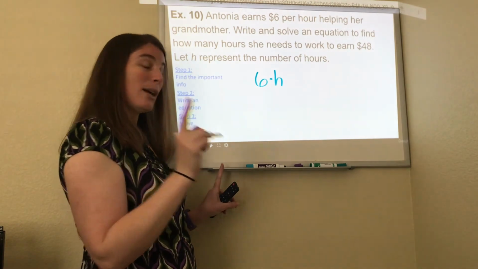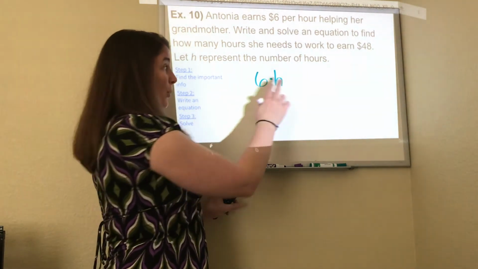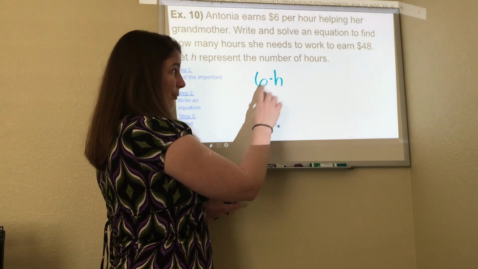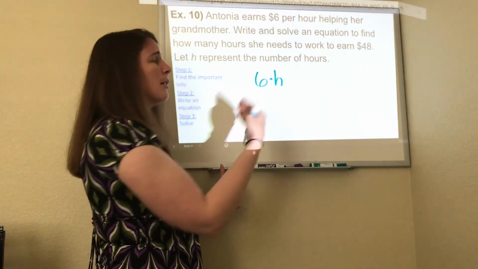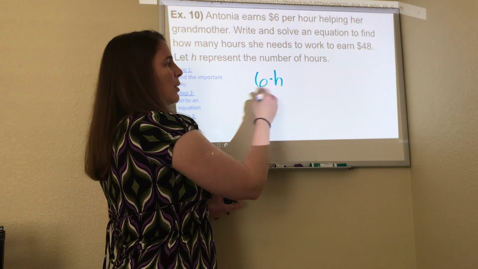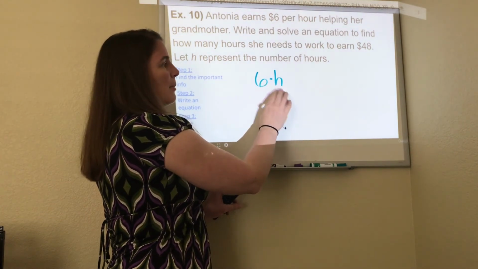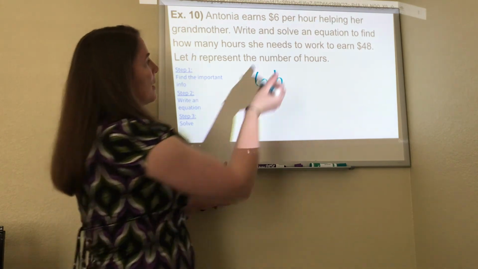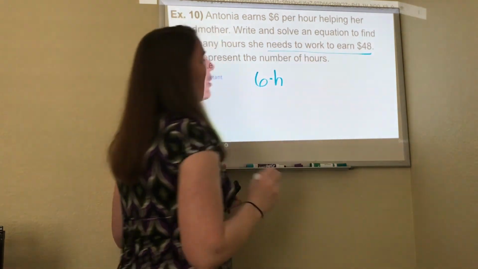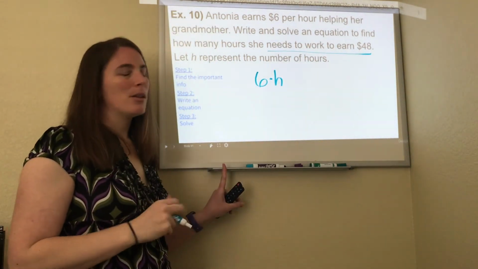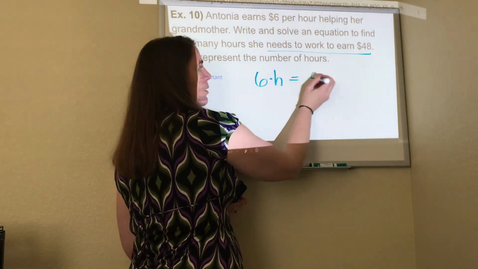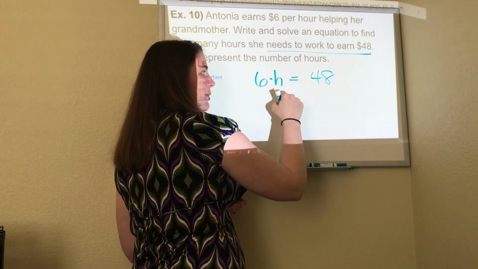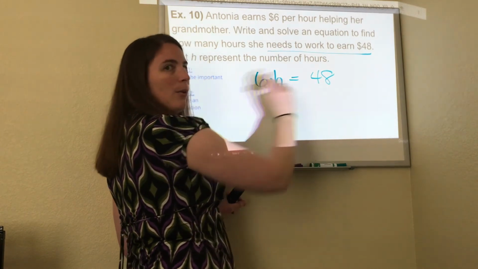If she worked 1 hour, she gets $6. If she worked 2 hours, she gets 2 times 6. So it's going to be multiplying 6 times the variable. We don't know how many hours she needs to work to earn $48. So we need to figure out how many hours she needs to work in order to get $48.